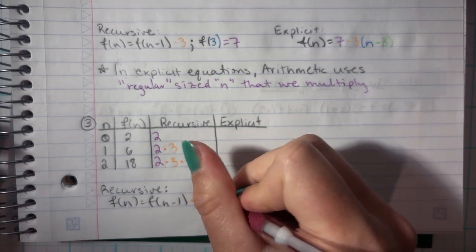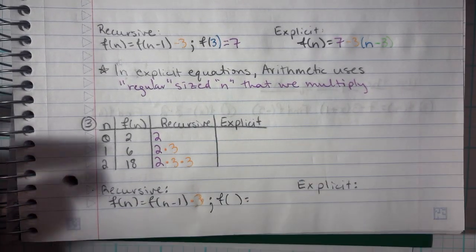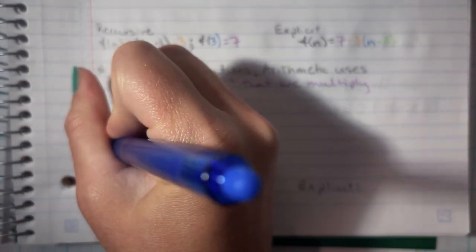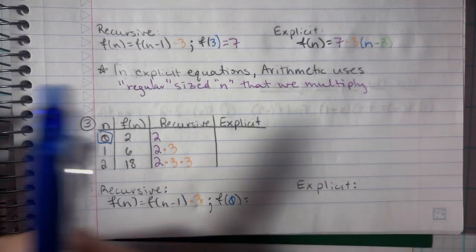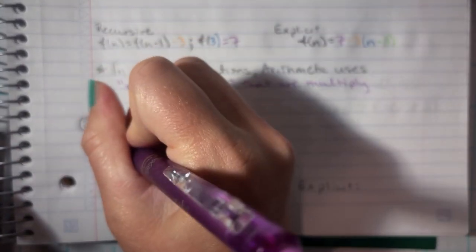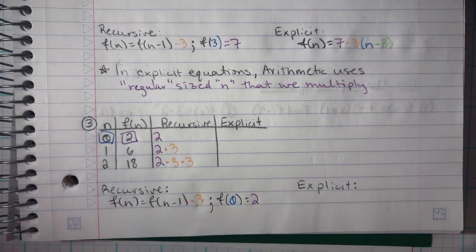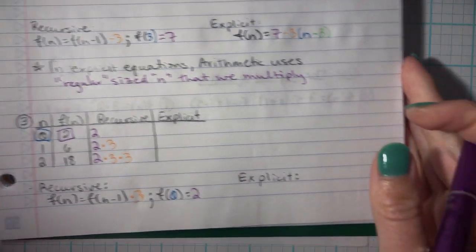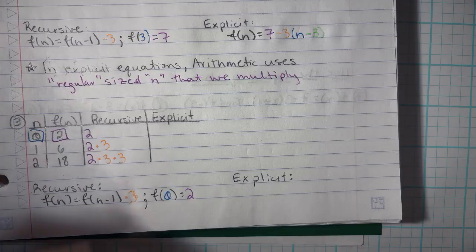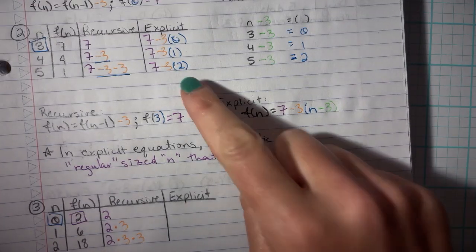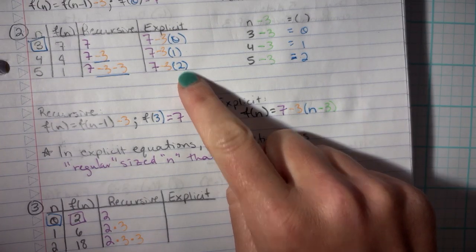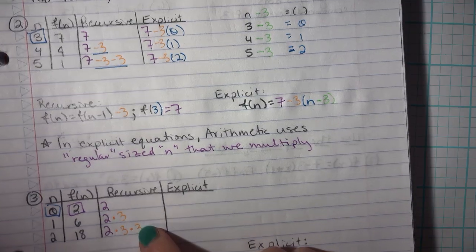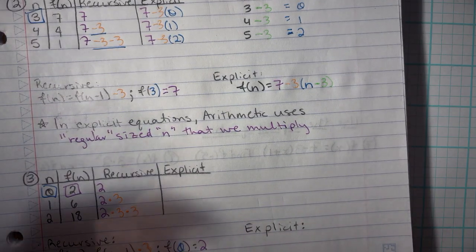given f of, well, in this case, we started with a times 0, so I'm going to have times 0, but we started with 2 dots, so there's that. The explicit's going to be a little bit different, right? Because we can't multiply if we're already multiplying for how we extend.